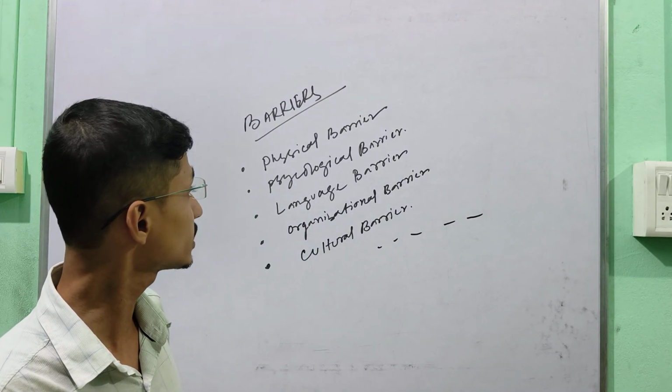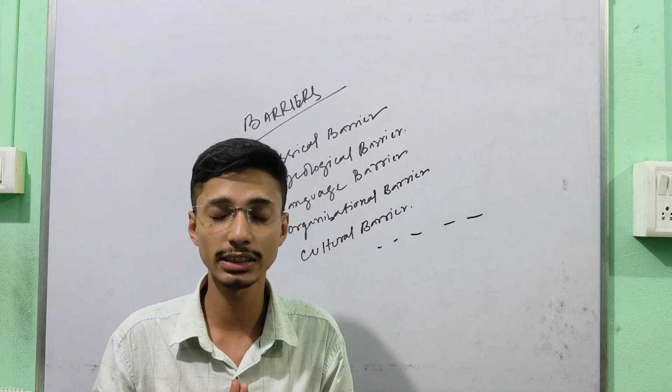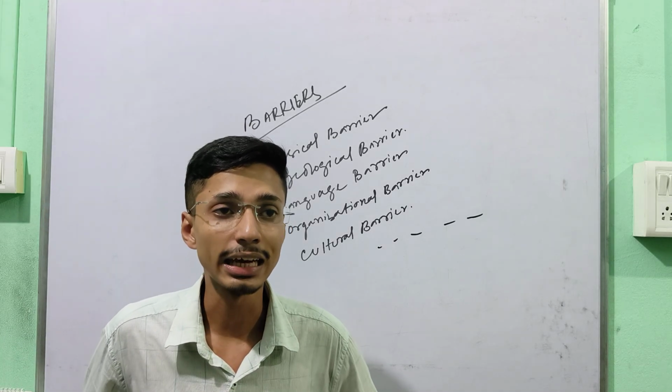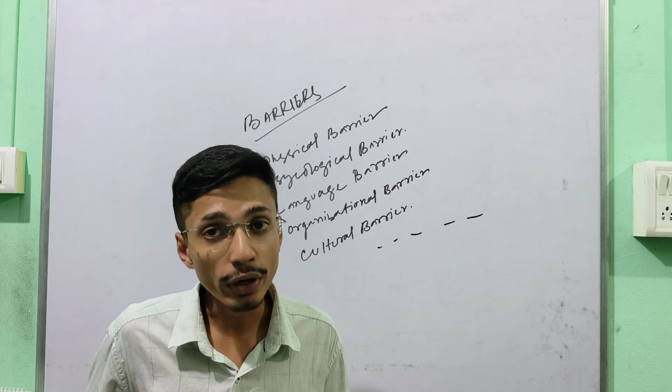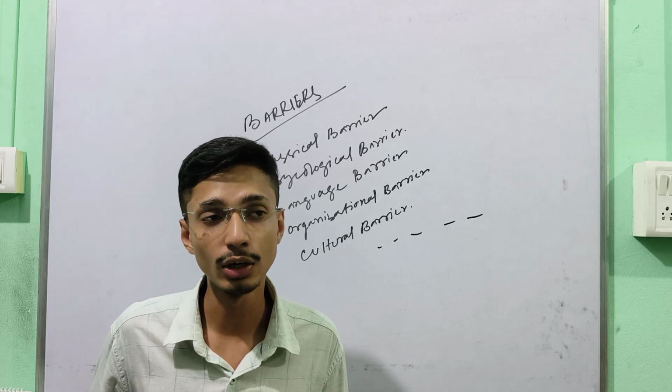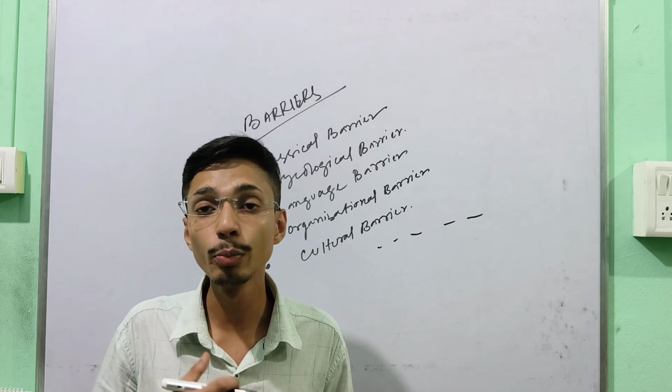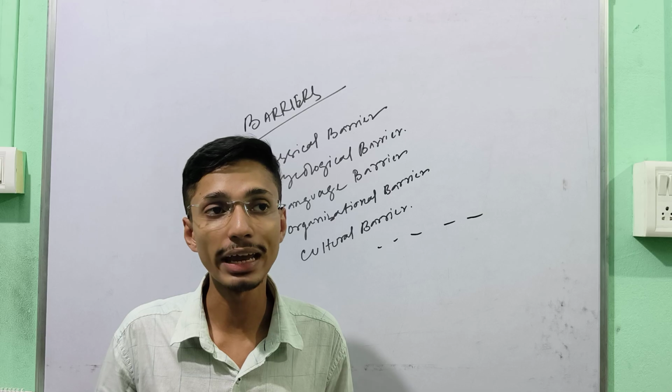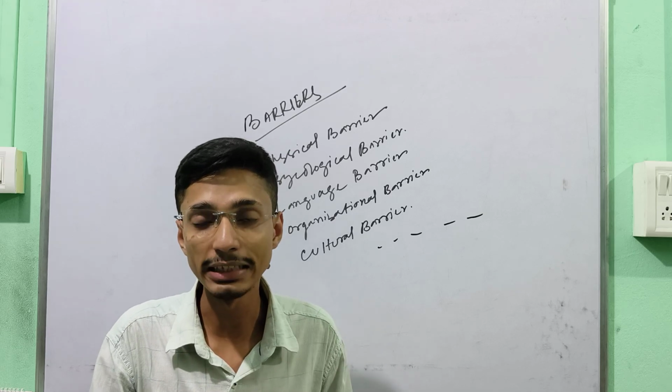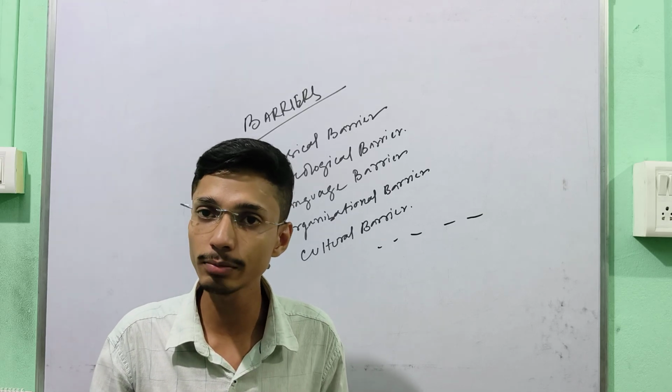Then second one is psychological barrier. What does it mean by psychological barrier? Psychology means a topic or a subject which deals with the human brain, or whatever we can say, human mindset, or any living creature's mindset. So each and everyone has a different mindset.